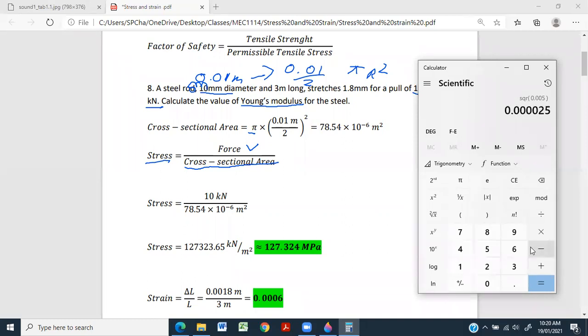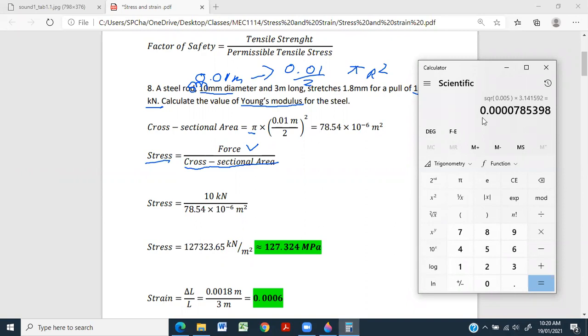Square that. 0.005 squared, times pi, which is 3.141, a close enough approximation for pi. We get this answer: 0.000078538. So let's try and standardize that to make it a reasonable number.